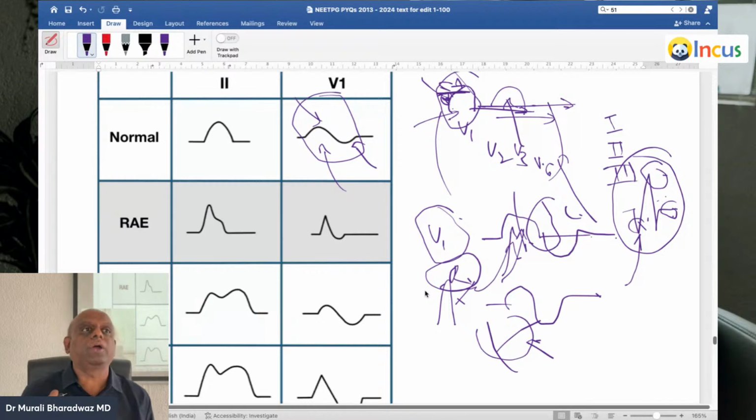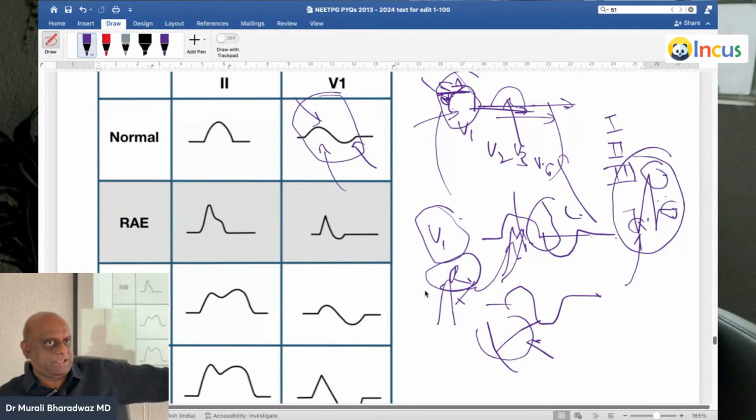Similarly, if you look at the atrial activity, the P wave, your right atrial activity is starting on the right side, and the electrical activity is going towards the left, because lead 2 is also going towards the left. So there will be no negativity because of the left atrial activity, right?